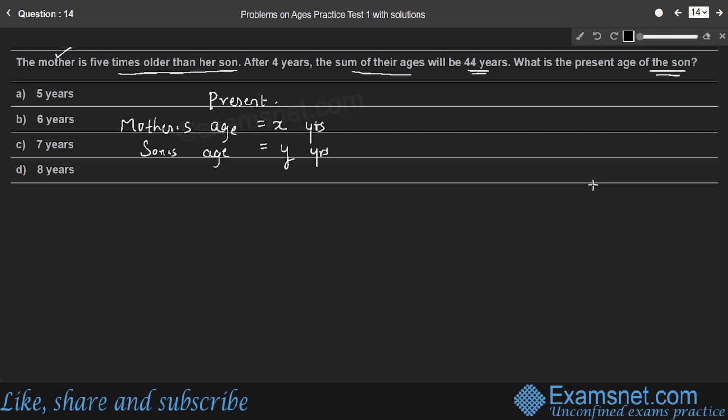It is given that mother is 5 times older than her son, therefore X is equal to 5Y.